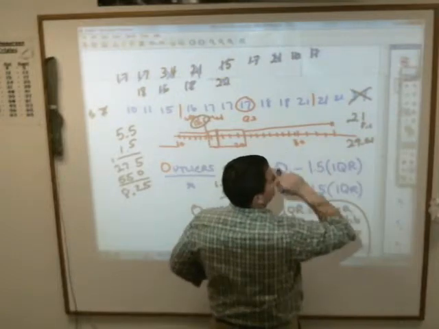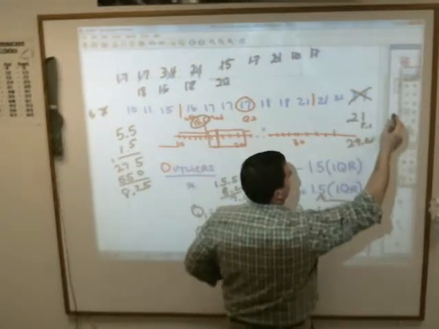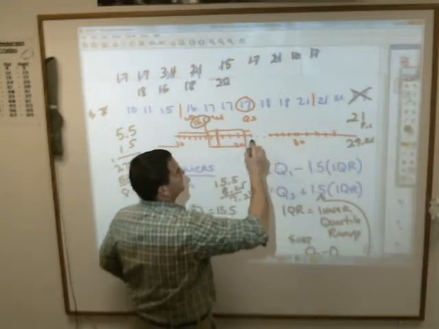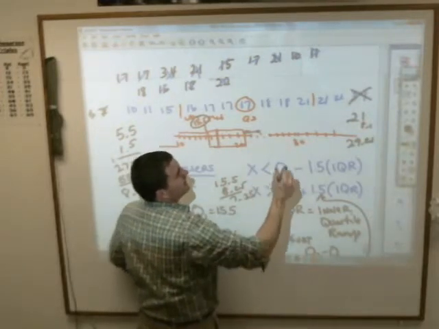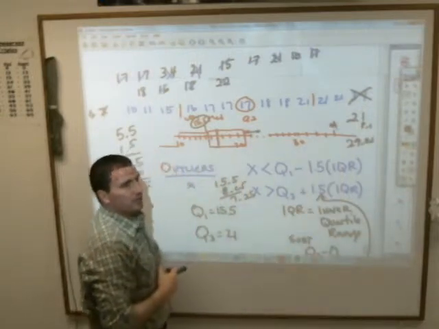They took out the outlier. That meant the new whisker goes to 22, and then you put an asterisk there where the outlier was.